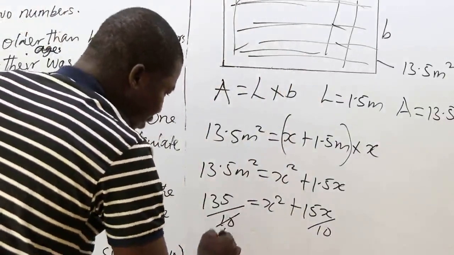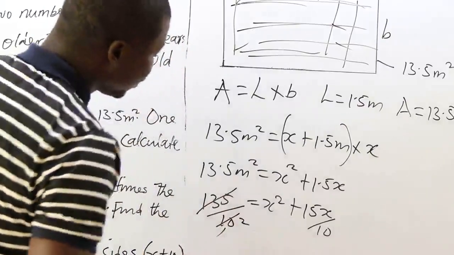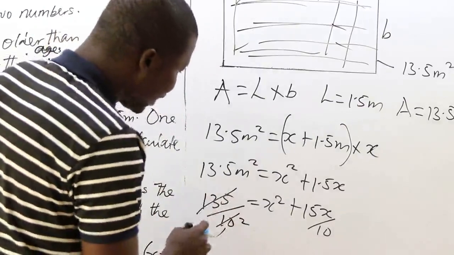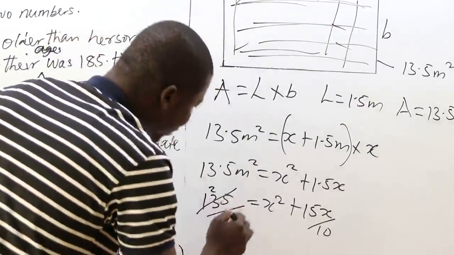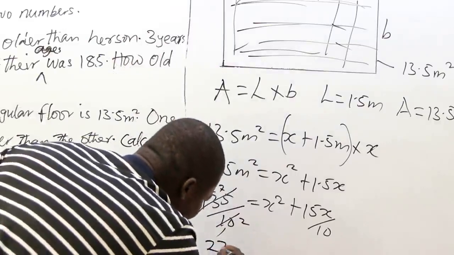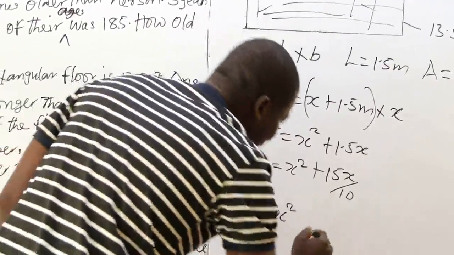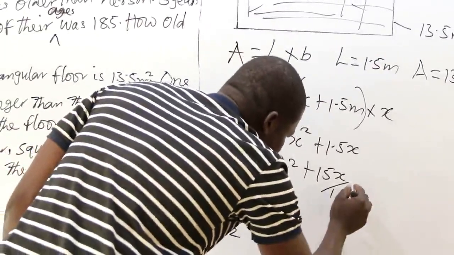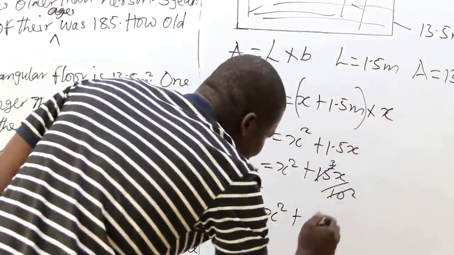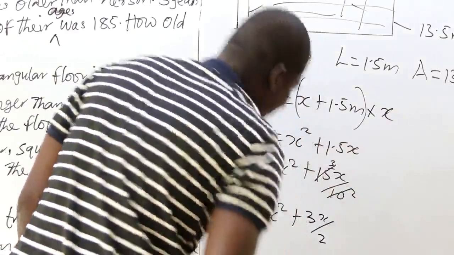Then one can divide this exactly. 5 into 13 is 2, remember 3. 5 into 35 is 7. So that implies we have 27 all over 2 is equal to x squared plus, 5 into 15 is 3, so we have 3x all over 2.